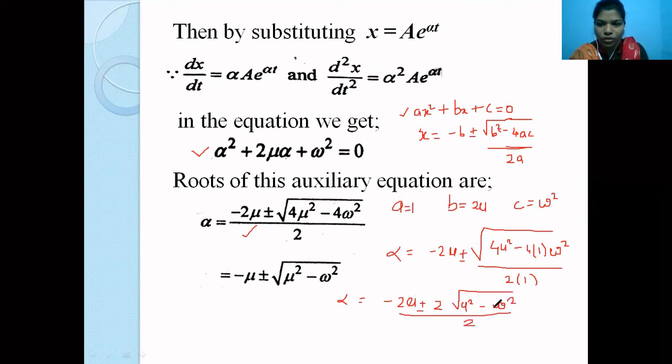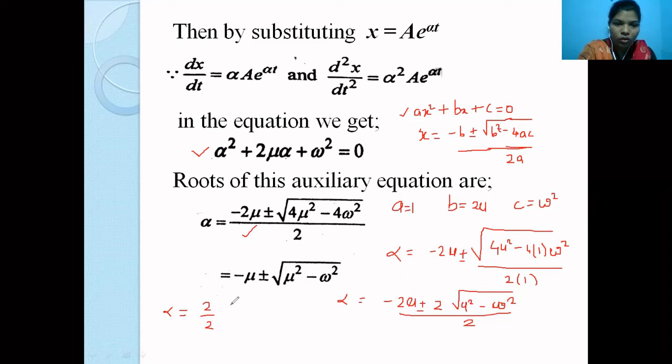Writing is a bit difficult on the screen because I'm writing it with the help of touchpad, but you can understand what I'm trying to do. So this is minus of 2 mu plus minus 2 square root of mu square minus omega square, upon 2. I can take out 2 commonly from everywhere, so this is going to be 2 by 2.